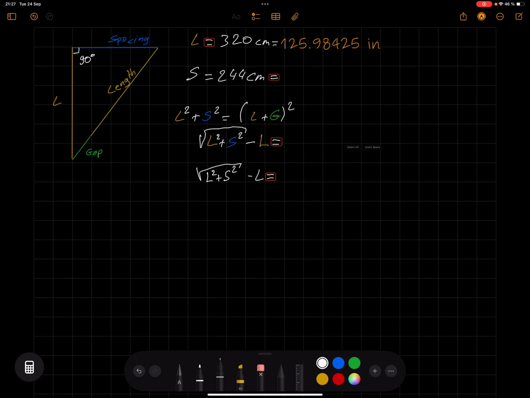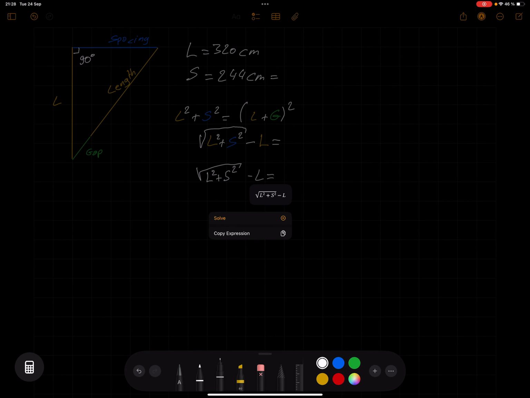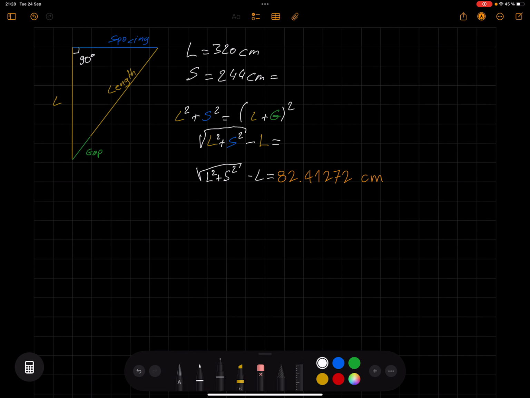Okay, well, you don't understand this one, but let's see if you can understand better once I double tap the pen. 320 centimeters. Perhaps now I have a result. Oh, solve. Yeah, 82.